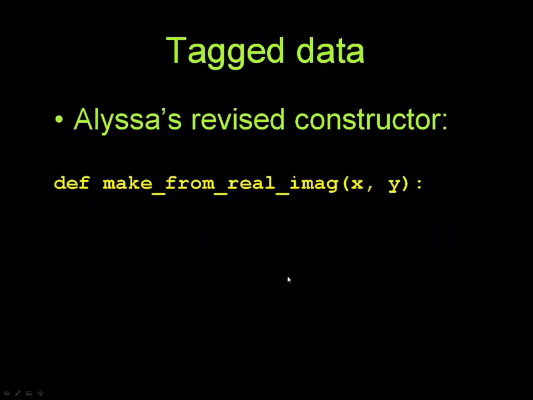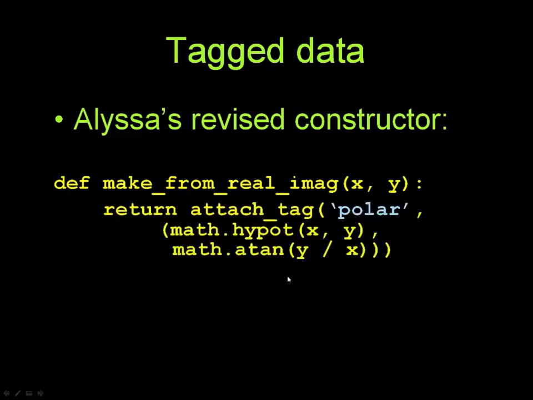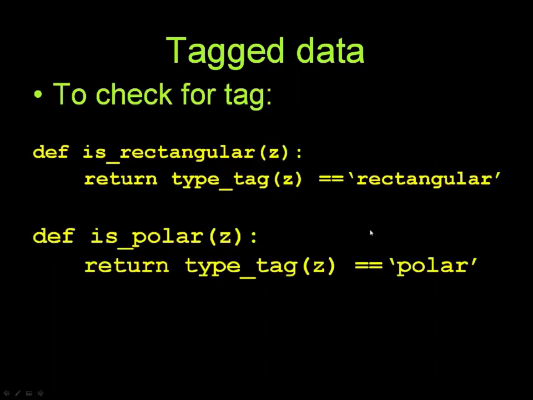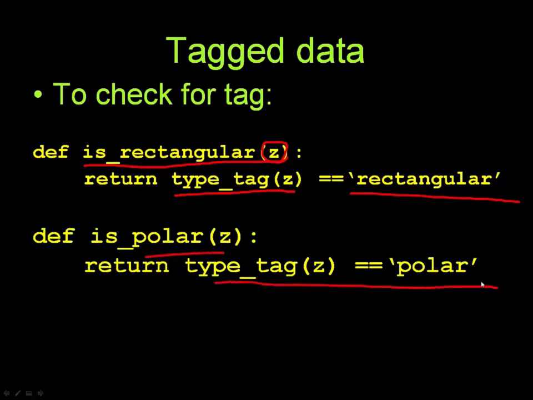Similarly, you also update Alyssa's code, the polar one, to add a polar tag. To check that the data is the right type, you can create a new type checking function, for example, is rectangular, which takes Z and checks that the type tag of Z is rectangular. Similarly, you can have a polar version.